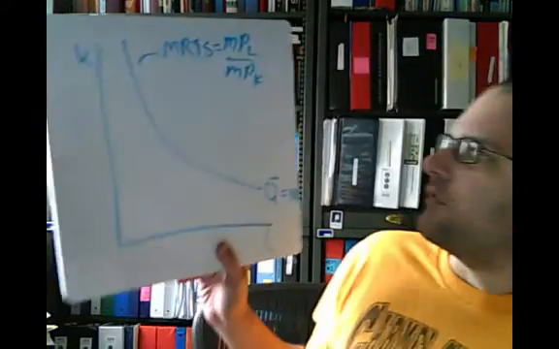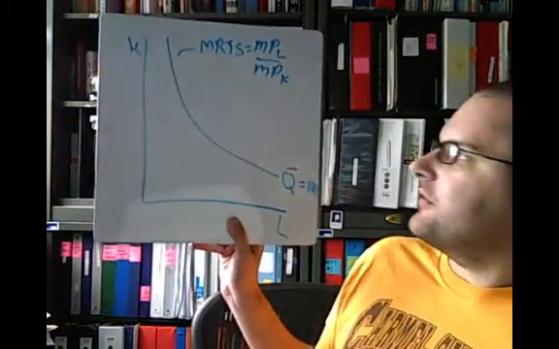Drawing this out a little bit bigger here, I have my isoquant, where the slope is the marginal rate of technical substitution.